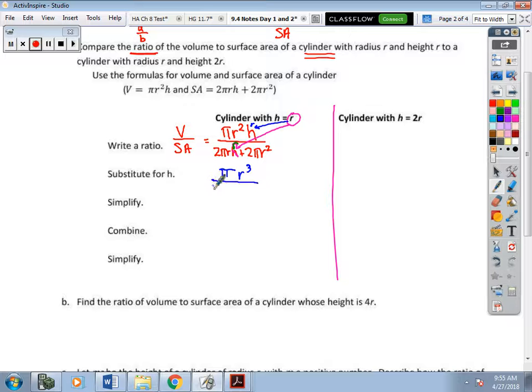In the denominator, I'll have 2 pi, r times r is r squared, plus another 2 pi r squared. So the numerator we'll leave alone. In the denominator, you can actually add these because they are like terms. 2 pi r squared plus 2 pi r squared would be 4 pi r squared.